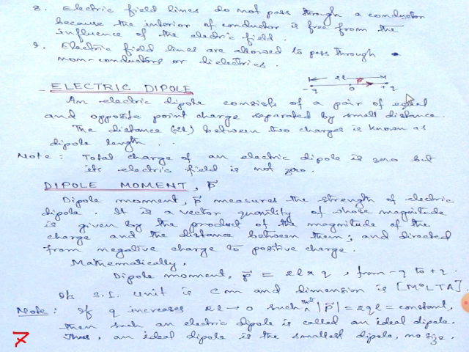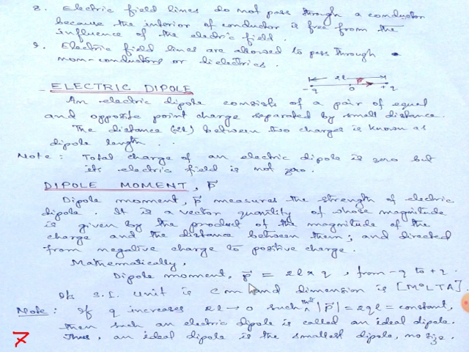So two equal and opposite charges separated by a small distance constitute what we call an electric dipole. Your dipole moment is measured by the product of the magnitude of either charge and the dipole length. We call the distance between the two charges, 2L, the dipole length. So 2L times Q will give you the strength of the dipole moment.